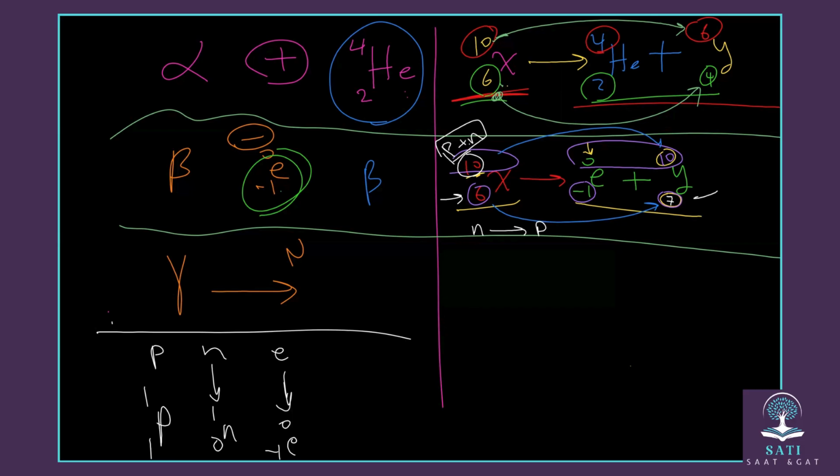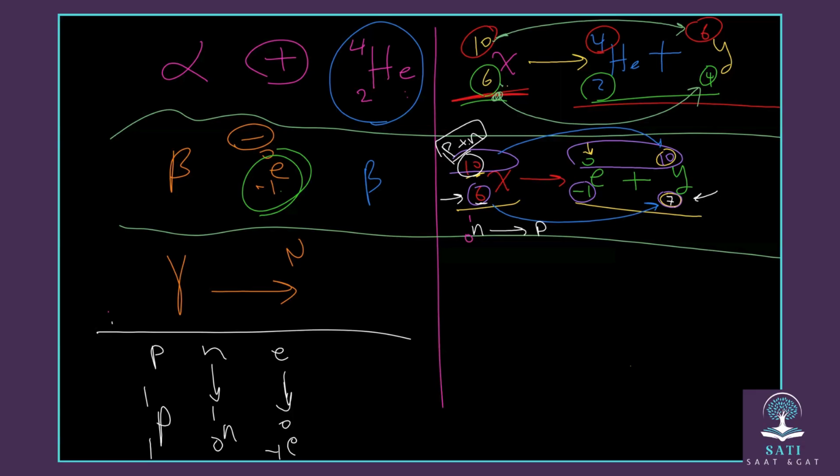That's why it becomes 7. It was 6, then it becomes 7 because one neutron is changed into a proton. As we know, in this equation, the neutron is 1 in the atomic mass, but 0 in the atomic number.